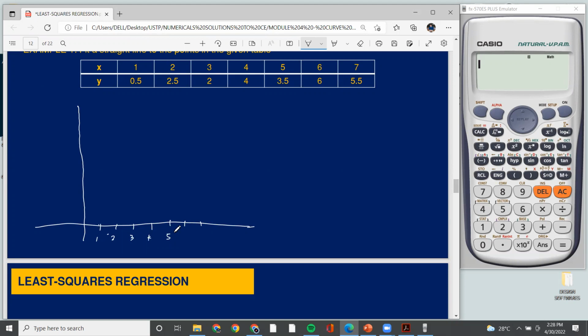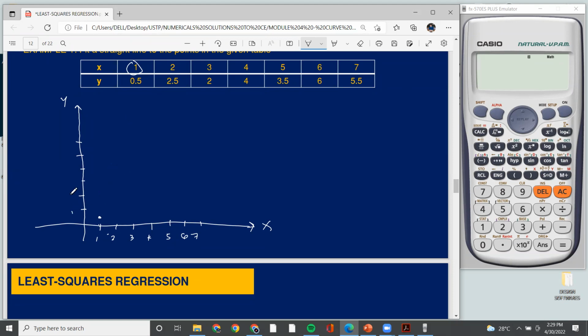Ito lang gibana-bana. And we have taas sa y, taman 6. 1, 2, 3, 4, 5, 6 now. Okay? If atong x is 1, the y is 0.5. This is the y, this is the x. So, ito ang butang 0.5. And if x is 2, the y is 2.5.